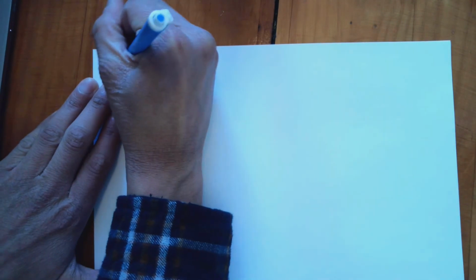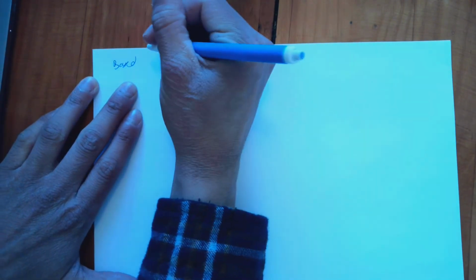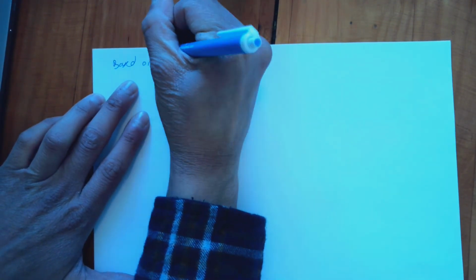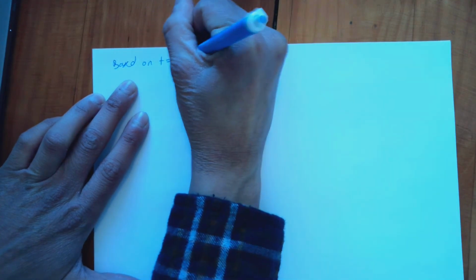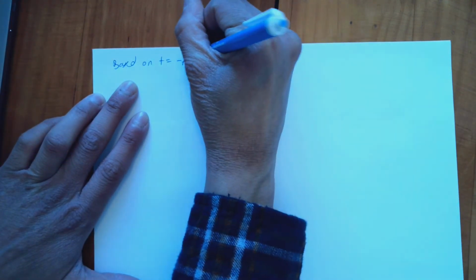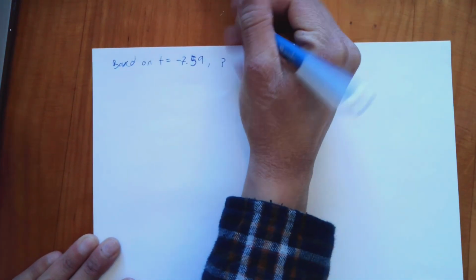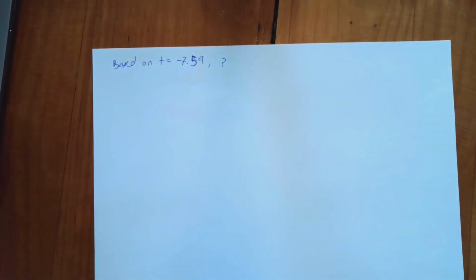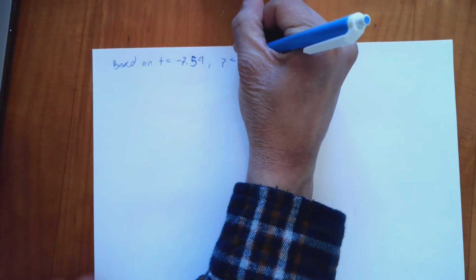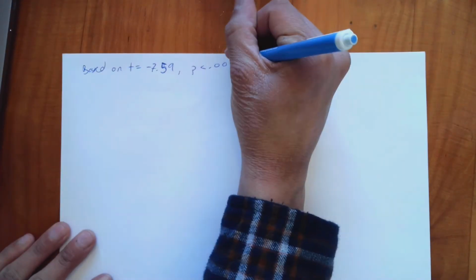In particular, based on a t-statistic of negative 7.59, your p-value is less than 0.001.